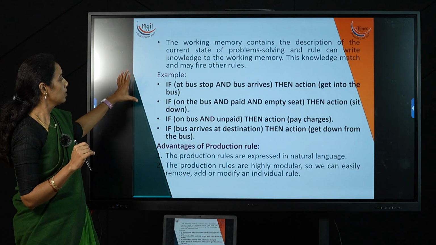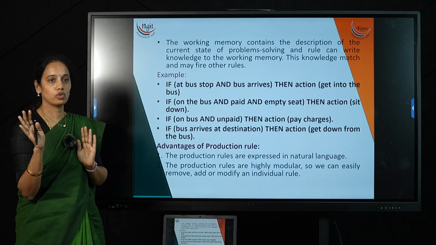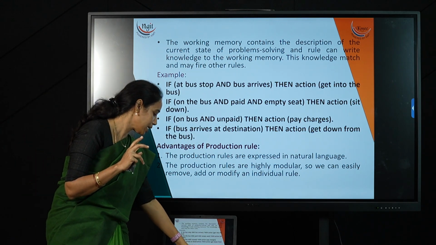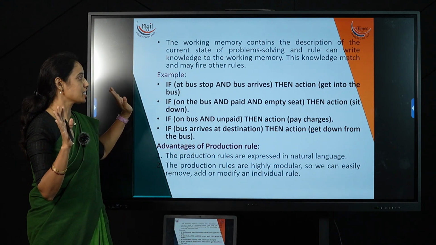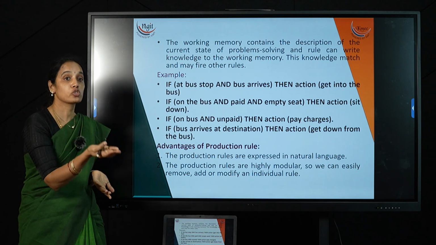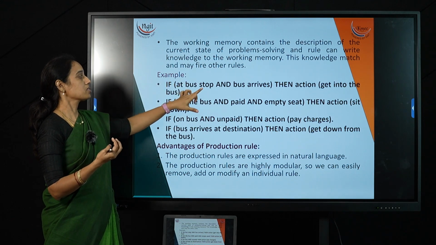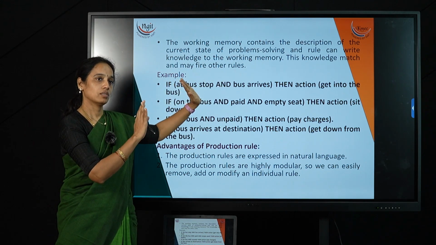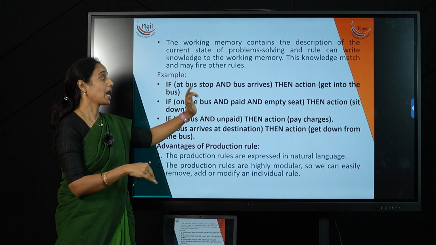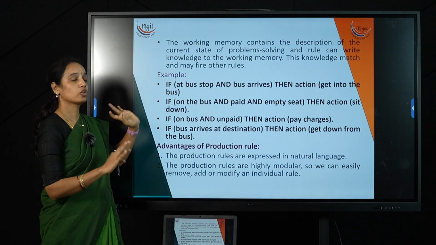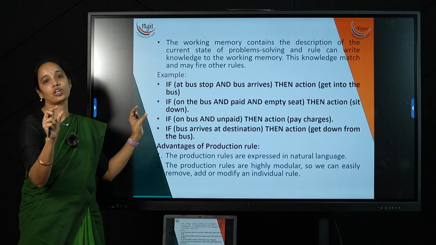Here, how this production rule works, I already told you, is like a condition and action. Suppose we want to give some rules to an agent. How will those rules be? If at a bus stop and bus arrives, then the action is just get into the bus. In that way we are going to frame a rule.